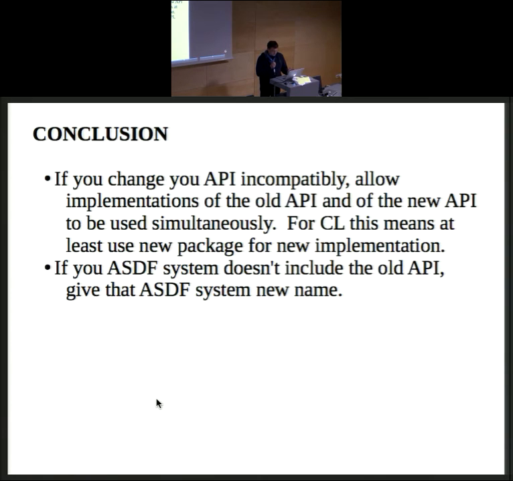So, the conclusion. If we want to change a library API incompatibly, then we need to ensure a new library can be loaded simultaneously with the old library. And in Common Lisp, this means a new package for the new library. And if our ASDF system doesn't include the old API, it makes sense to give that ASDF system a new name.